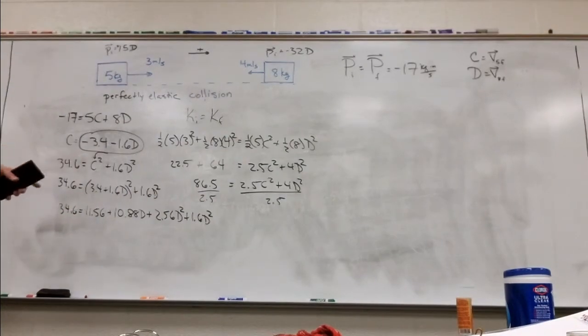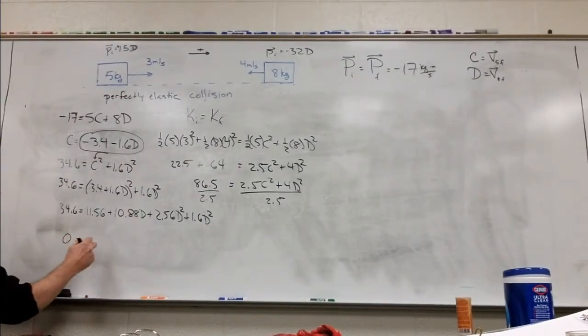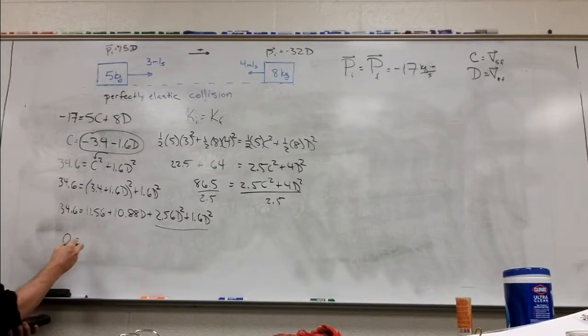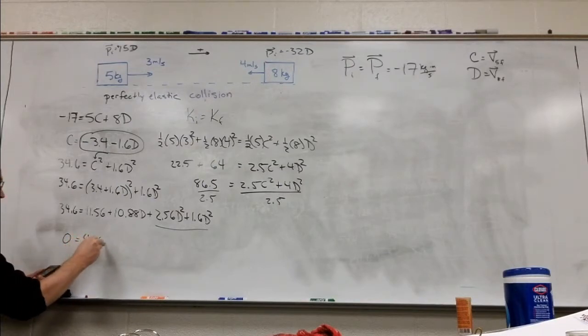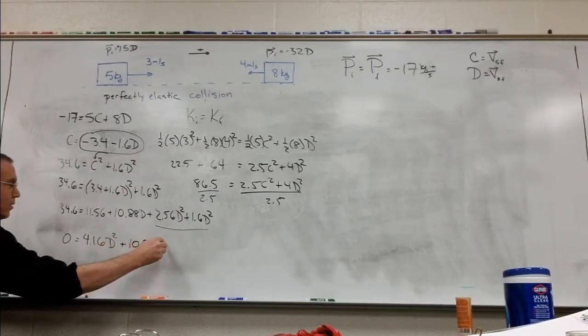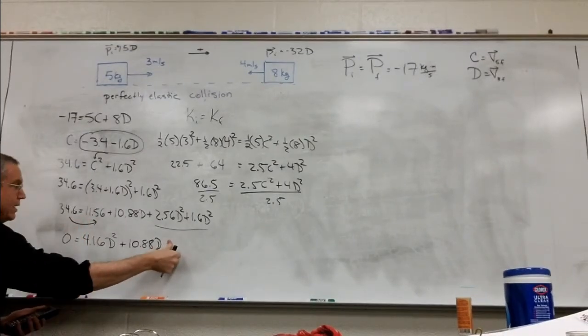Again, we have a quadratic, so we want to get everything on one side. Let's get everything on the right-hand side. So I have 0 equals 2.56 plus 1.6, so 4.16d squared plus 10.88d plus, I'm now subtracting 34.6 from both sides, so it'll end up being a negative number there.